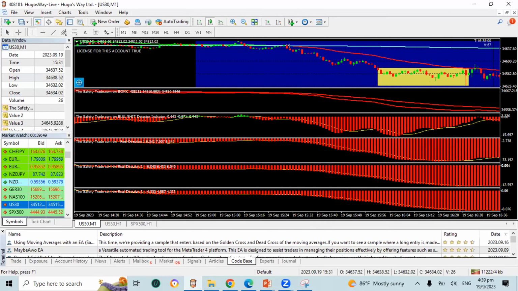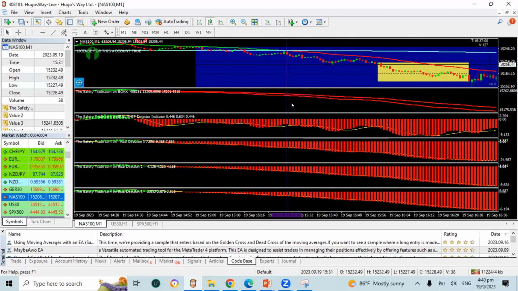We gave US30 a yellow line. I don't know what it is now, but we'll just give it a line, right? So that's US30. And then NAS at, when is this, 15, 16 kind of time. We're going to go back to NAS, and NAS round about, right?